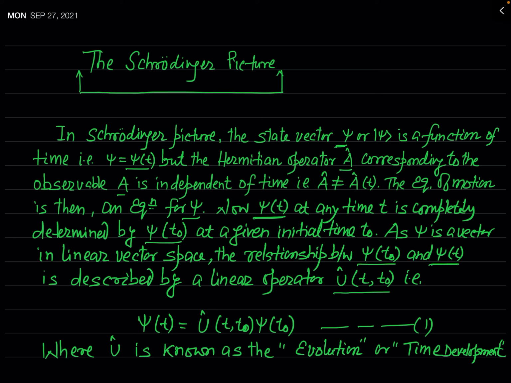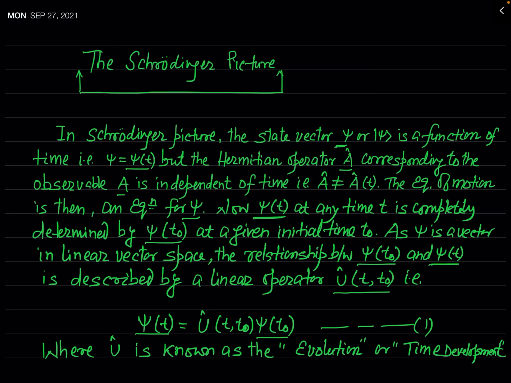Now, when this operator U hat of t and t naught is operated on the initial state vector psi of t naught, you get the state vector for the system at any later time t. So I have mentioned here that psi of t is equal to U hat of t, t naught acting on psi of t naught.